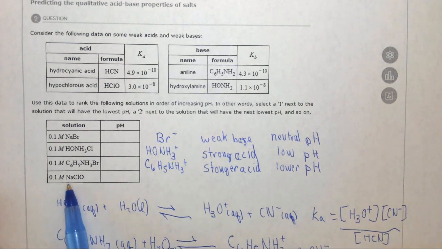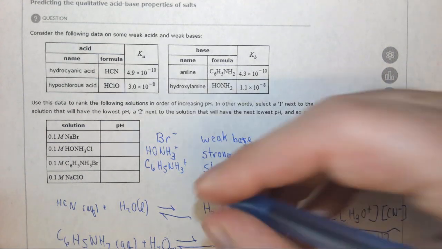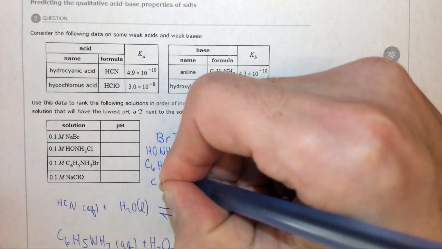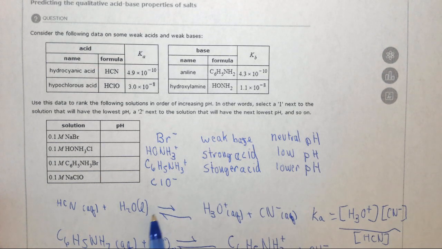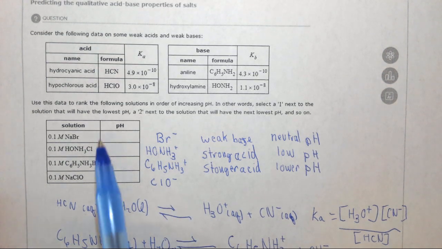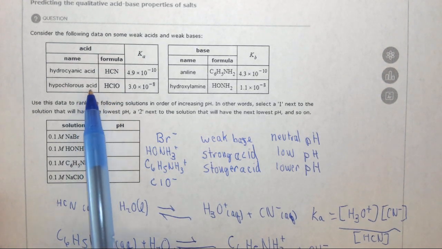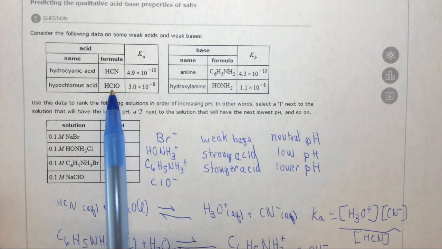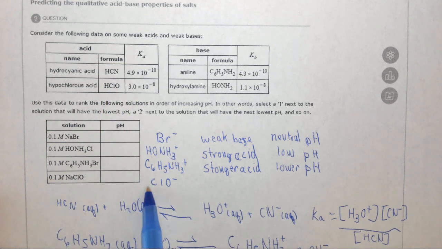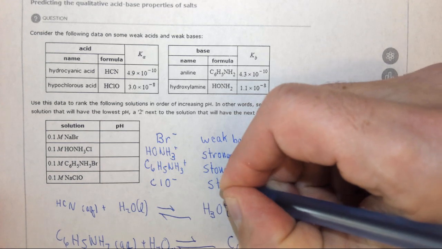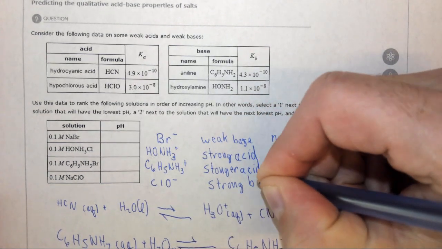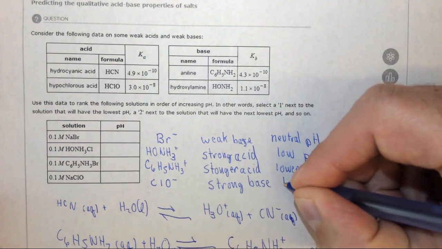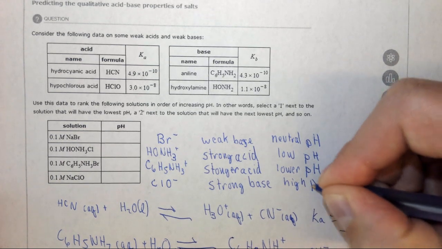And in the last case, we have NaClO. So this is a source of ClO-. This is the conjugate base of weak acid HClO. If this is a weak acid, this is a relatively strong base, and strong bases have high pHs.